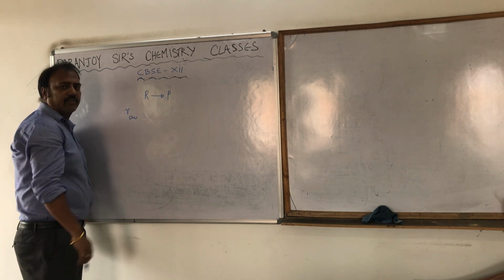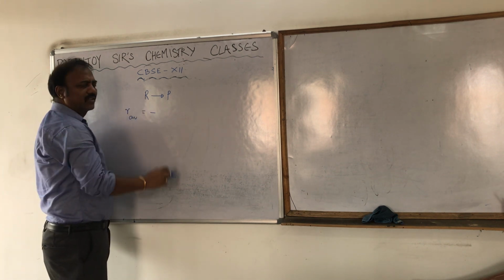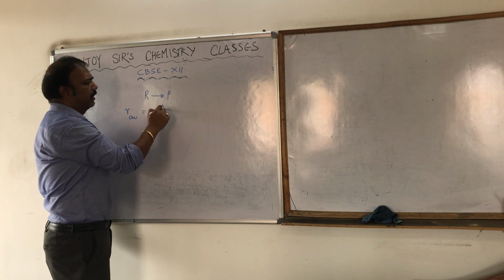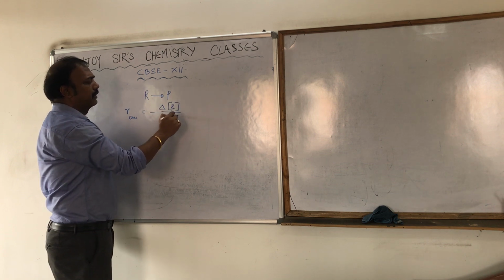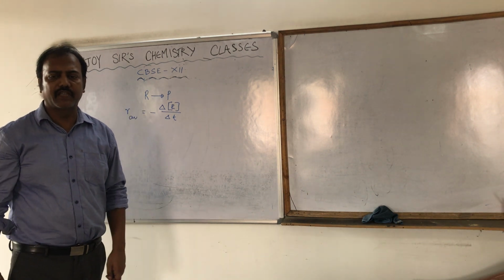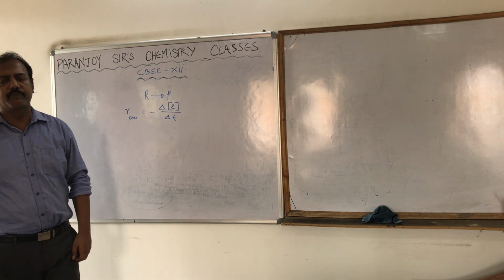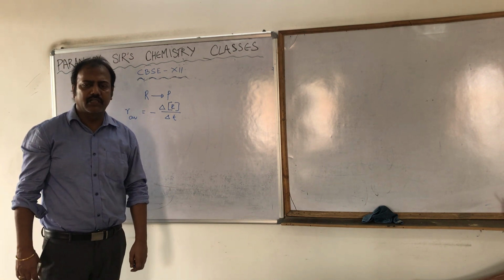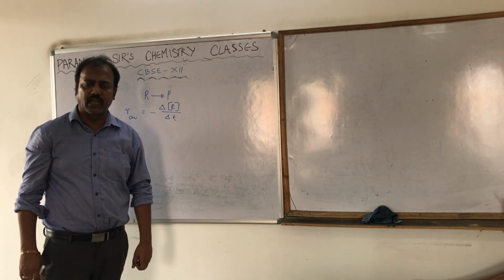Average rate for this reaction we know is equal to minus delta concentration of R divided by delta T. Yes, in terms of reactant it is negative. Why? Because the concentration of the reactant is decreasing with respect to time.